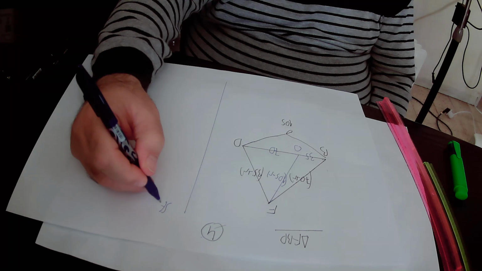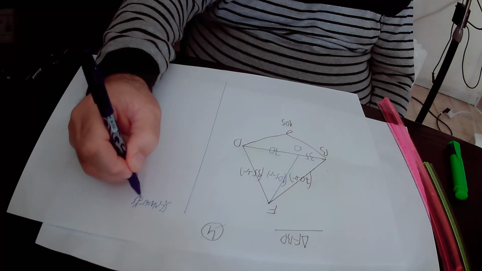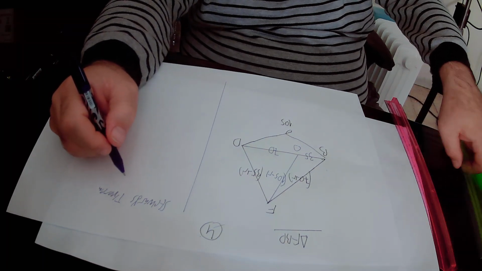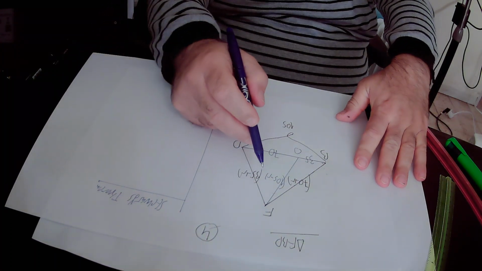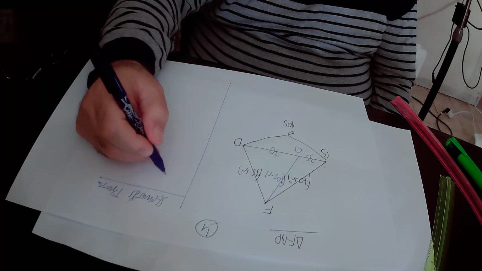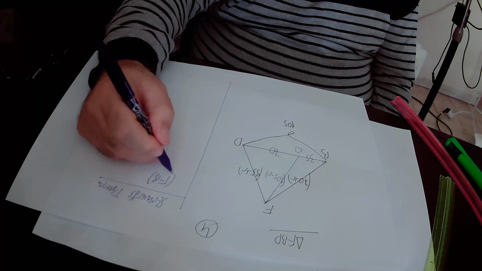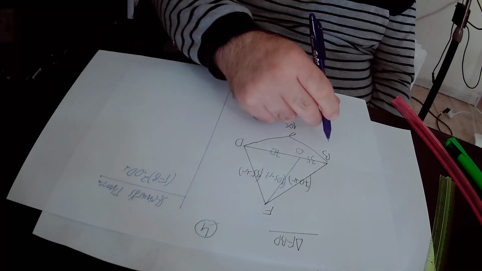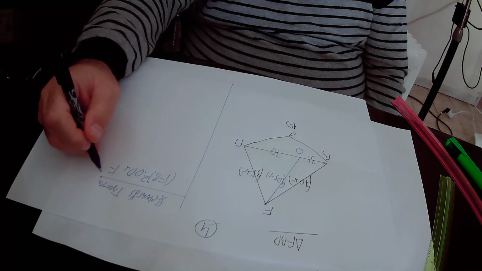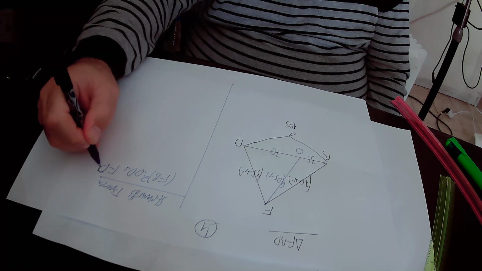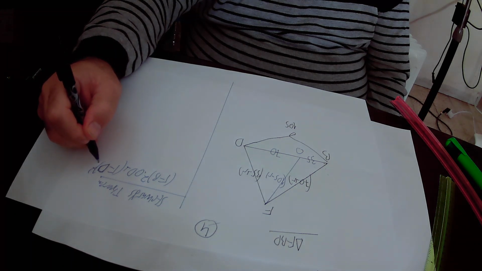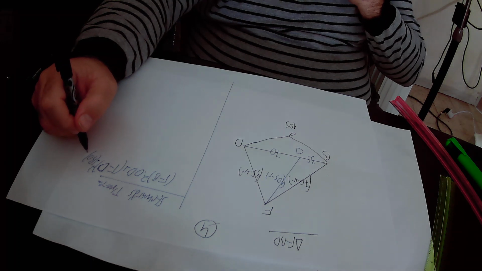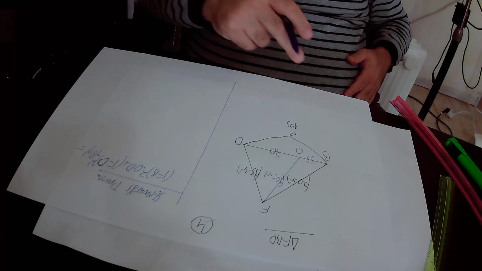According to Stewart's theorem, we get that in this triangle FBD, FB squared times OD, plus FD squared times BO, equals BD.